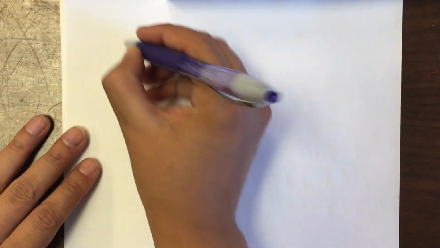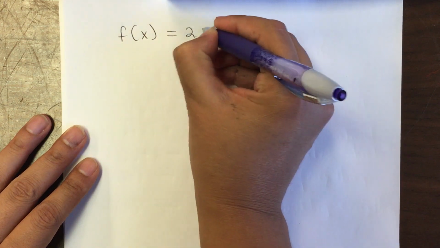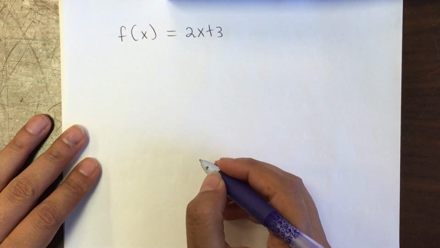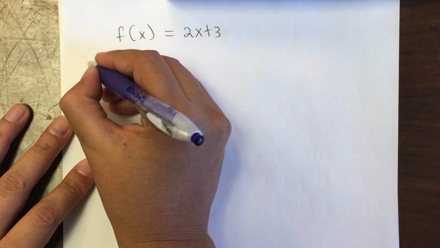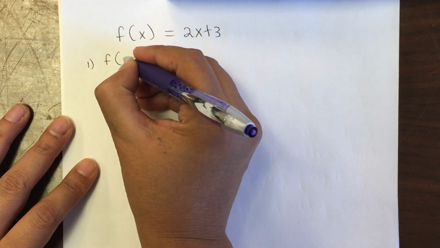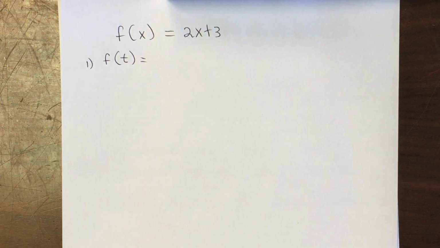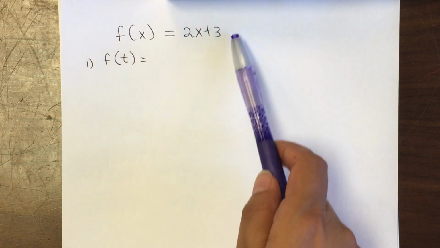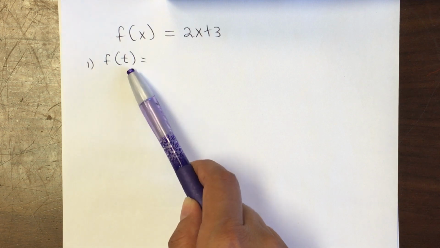Okay, so if I have f of x is equal to 2x plus 3, what I'm going to ask you to do first is to substitute f of t. So you have f of x equals 2x plus 3. Now I want you to find f of t.